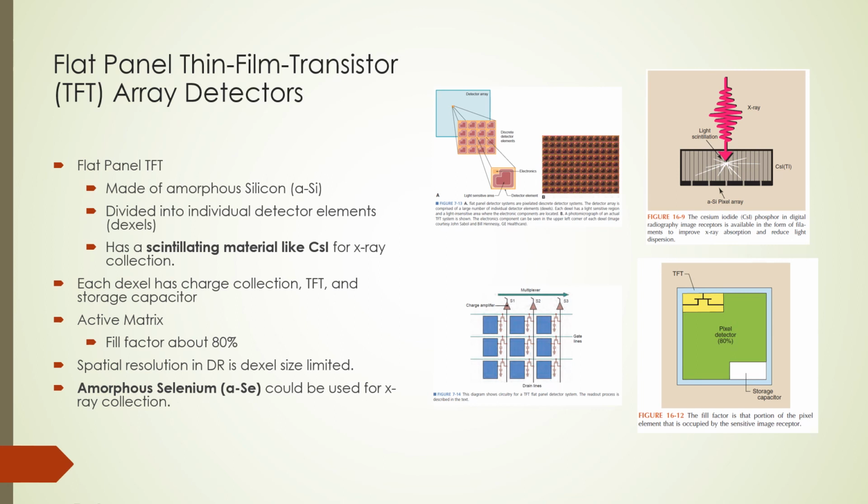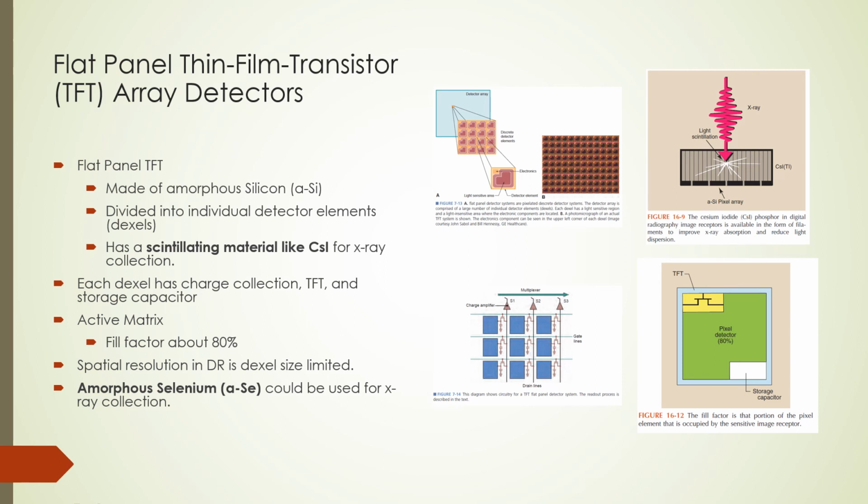Fill factor is approximately 80% for dexels of 200 micron size. Spatial resolution in DR is dexel size limited. As dexel size is reduced, spatial resolution improves but at the expense of patient dose. With smaller dexels, the fill factor is reduced and X-ray intensity must be increased to maintain adequate signal strength.